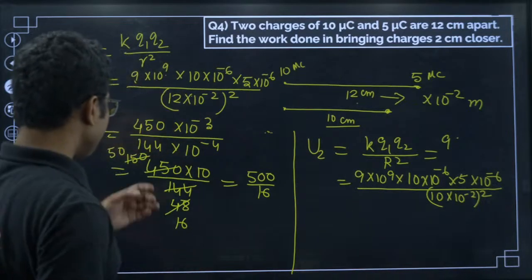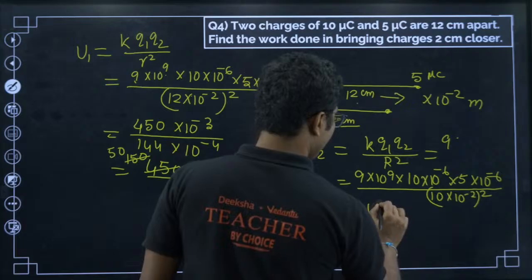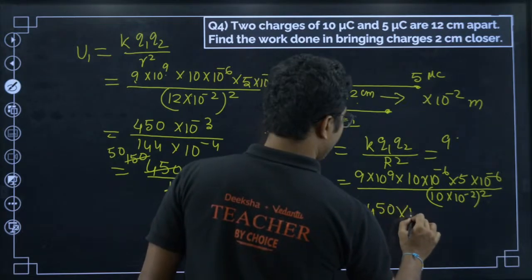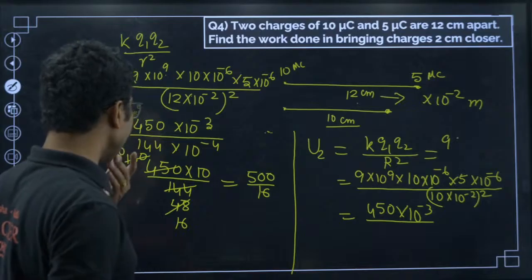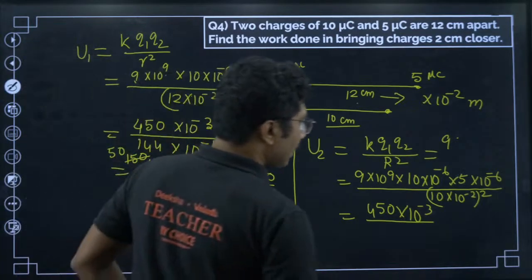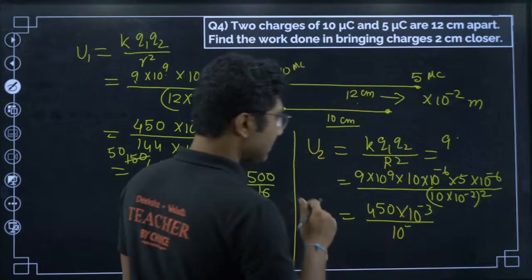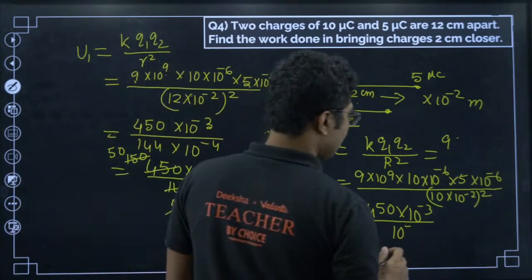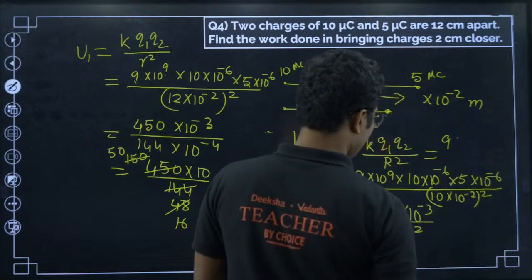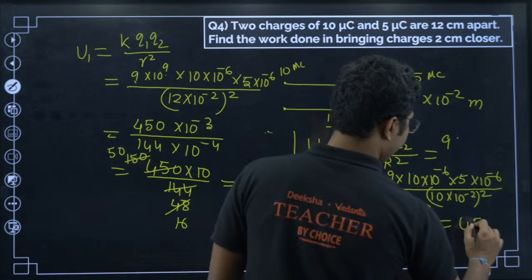So, if you simplify, the top part will remain the same, 450 into 10 to the power of minus 3 divided by, in the division the value will change, it will be 10 to the power of minus 1 minus 2. So, it will be 45.